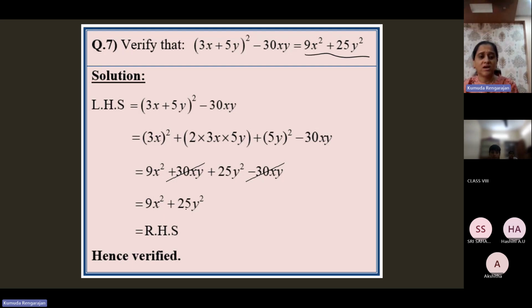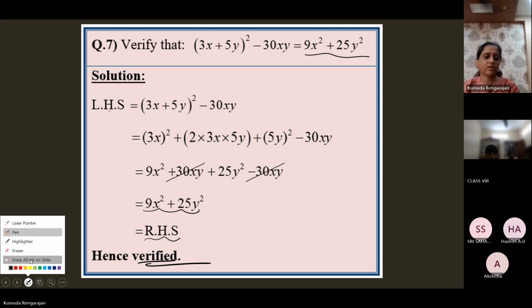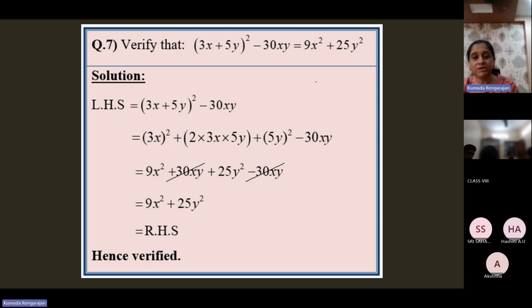So that means this one is equal to the RHS. You took up the LHS and worked it, you got an answer, which is equal to the RHS, hence verified. Sometimes the RHS also you may have to work, like you worked the LHS now, then you should work it. And the answer you get in the two cases, LHS and RHS, must be the same. That means you verified it.